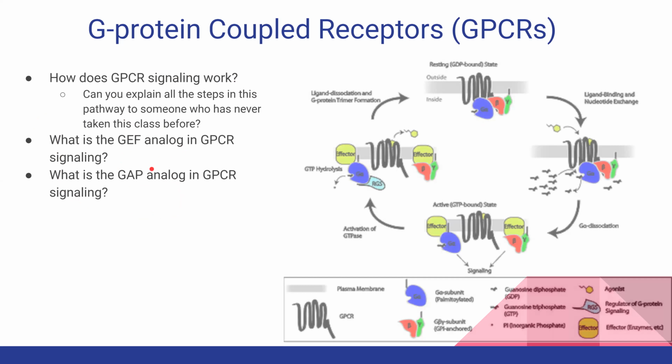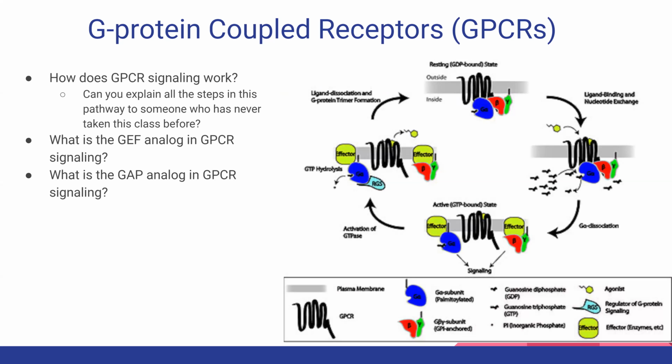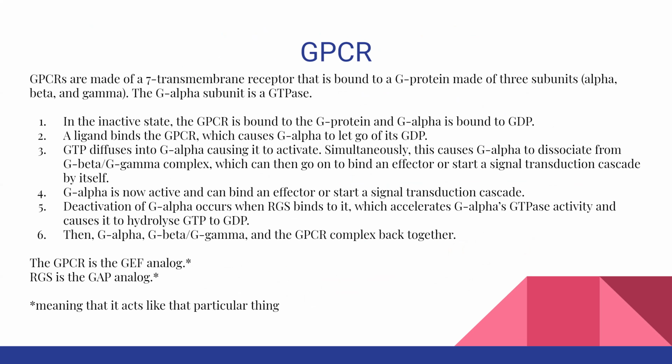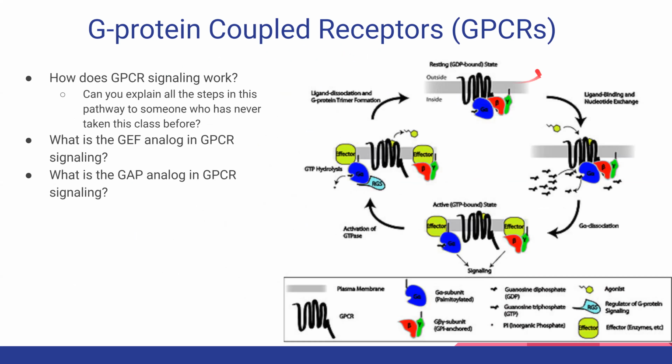So onto the reaction, we have a diagram there, and I think we have another one. Oh, we have the steps. Okay, I'll just explain it here. Basically, with this pathway, you're going to have a 7 transmembrane protein, and that's going to be attached to a heterotrimer.